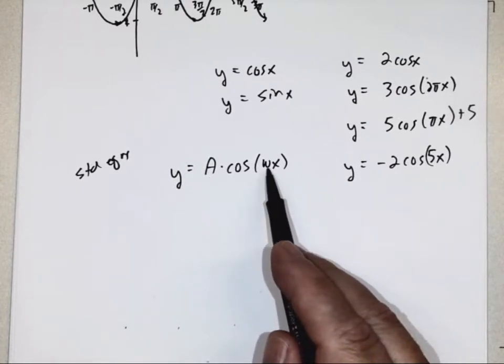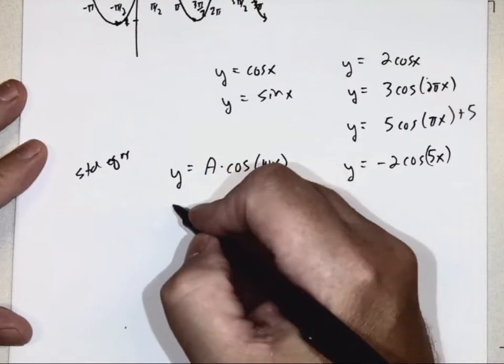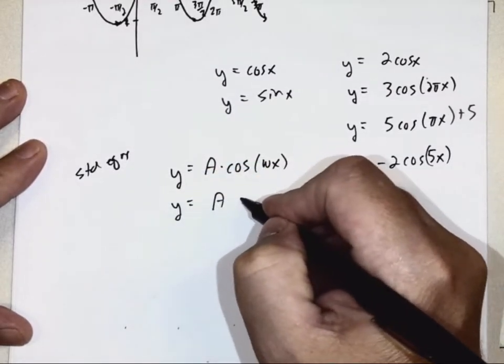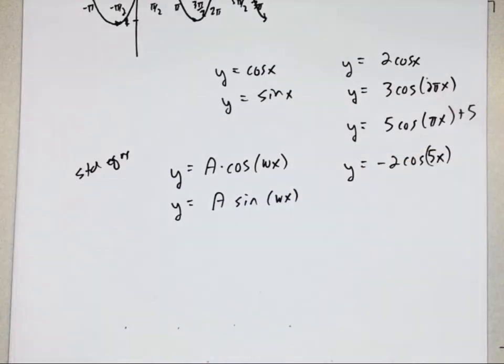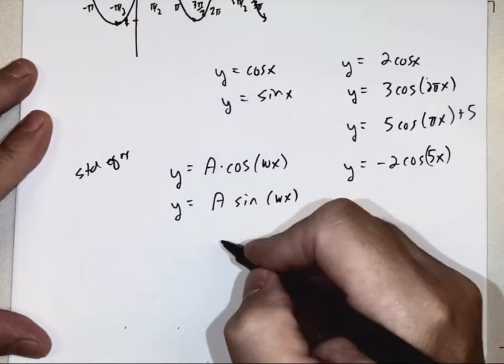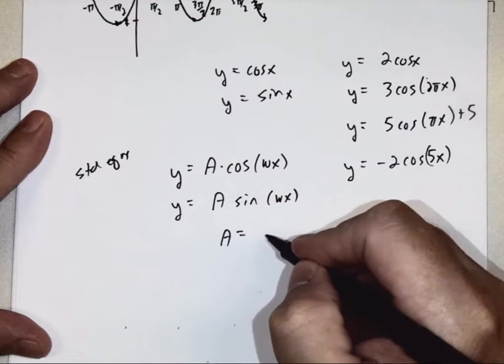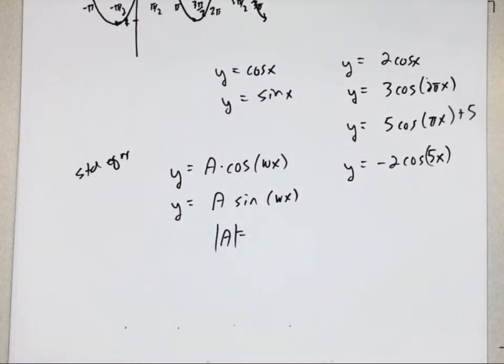This is really a Greek letter, it's not W, I think it's supposed to be omega. The other equation we have for the sine looks the same. Now, what happens is we give A a special name, actually the absolute value of A, so it's always going to be positive.